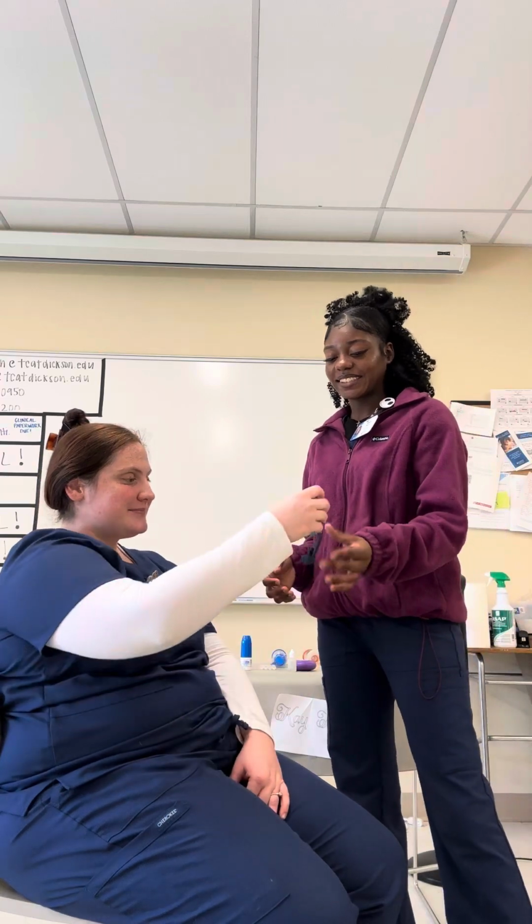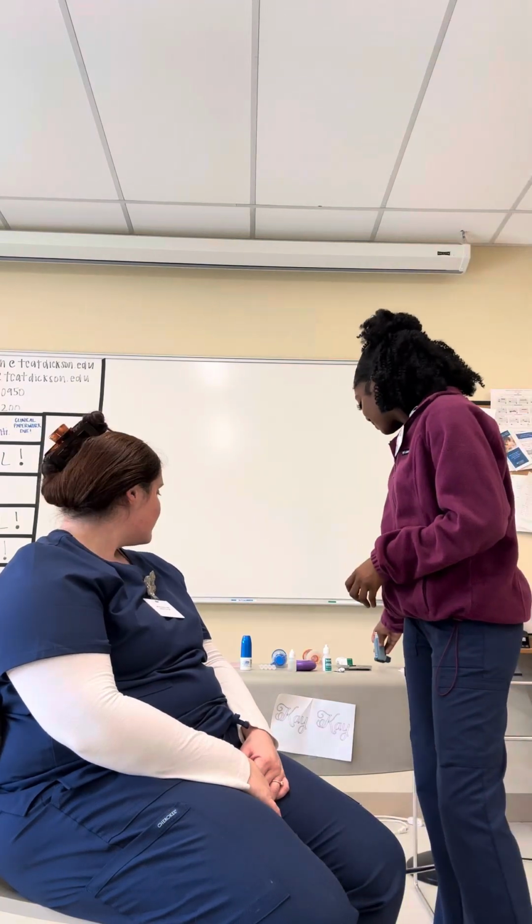And then that is it. And then you recap it. And if you want to keep up with the amount of sprays that you have left or have used, it's on the back of it.